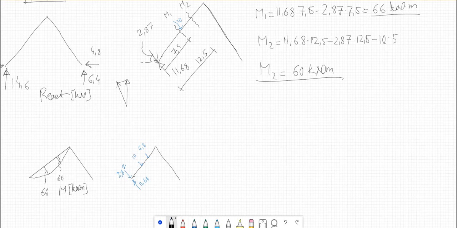So these are the perpendicular component from the applied loads 10 and 6.8. So here at this point the forces acting are 11.6 and 2.87. So the sum will be 8.8.